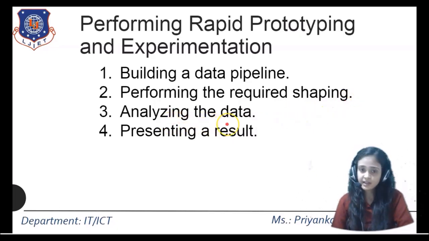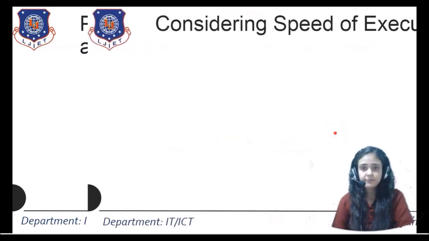Then we have to analyze the data. After analyzing the data, we have to present the result in the form of a graph. You have to present it in such a way that a normal person who does not understand all these techniques, who is unknown to data science, can also understand what the final result is.